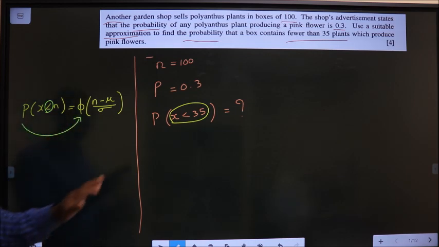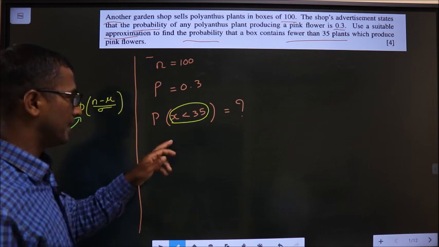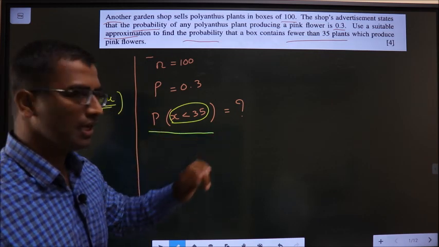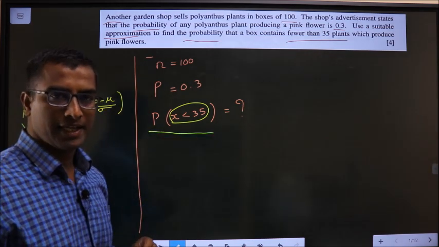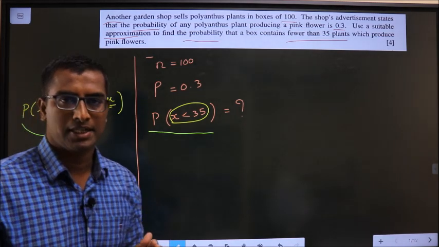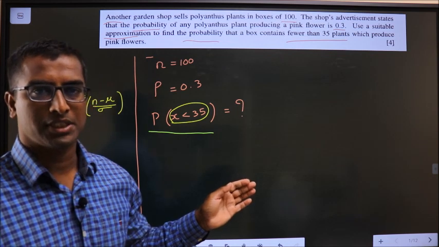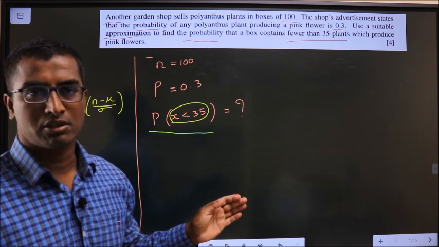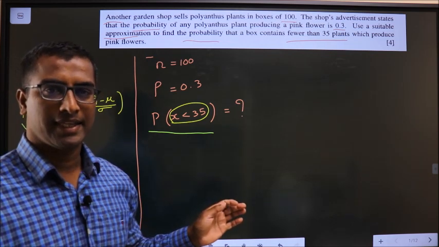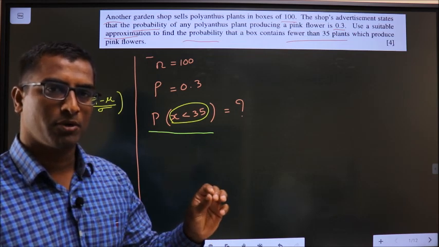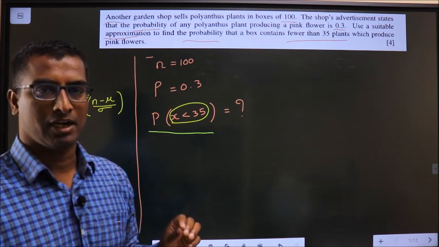Clear? Now come here. We have to find this one out and we realized we have to make use of normal distribution. He didn't tell you to use normal distribution, but you want to use normal distribution. In these cases you have to do a 0.5 correction. And how do you do that?